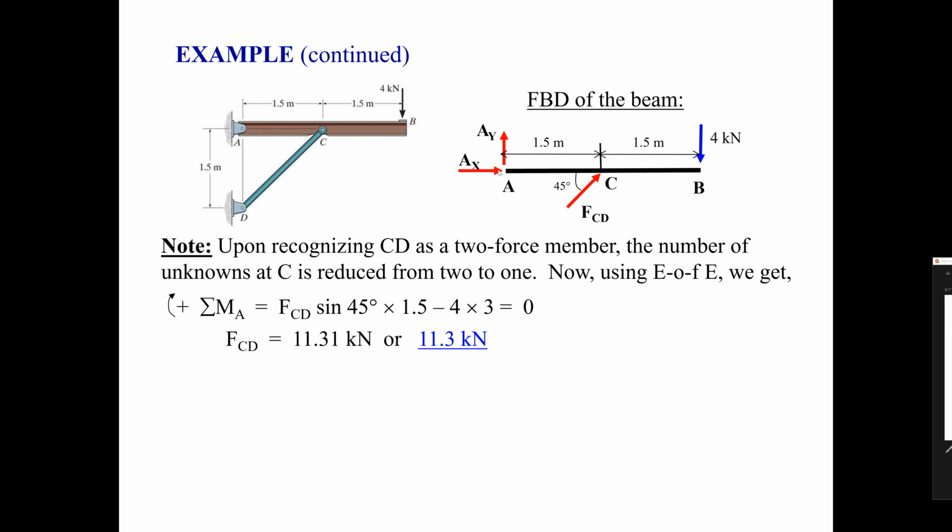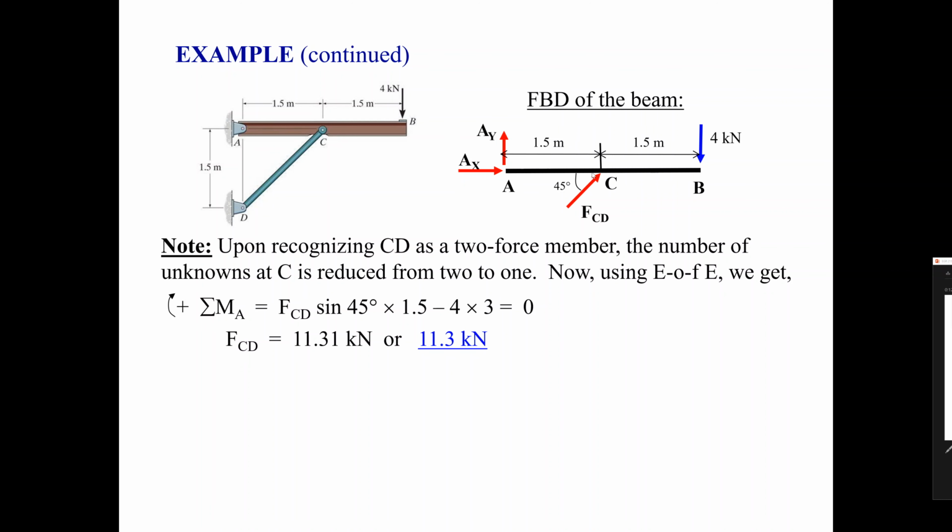The x component goes straight through point A along its line of action, so it doesn't develop any moment about point A. And Ax and Ay are at point A, so they don't develop any moment about point A either.